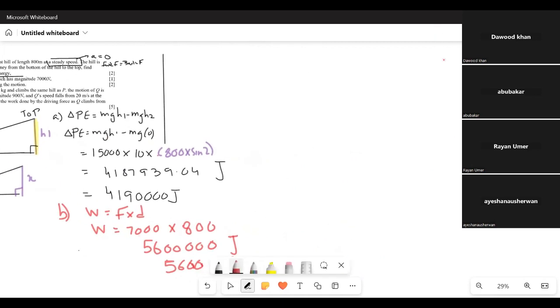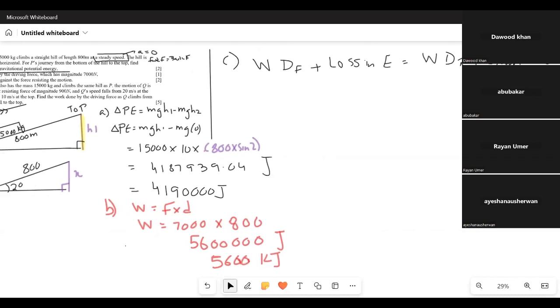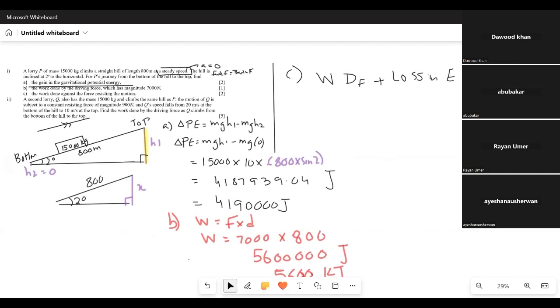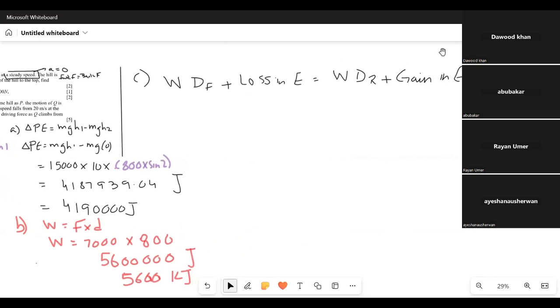So for part C, I'm going to use the formula: work done by driving force plus loss in energy is equals to work done by resisting force plus gain in energy. And we have to find work done against the force resisting the motion. So yes, you have to find this, work done by resisting force.